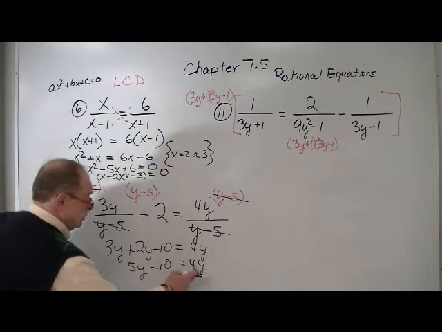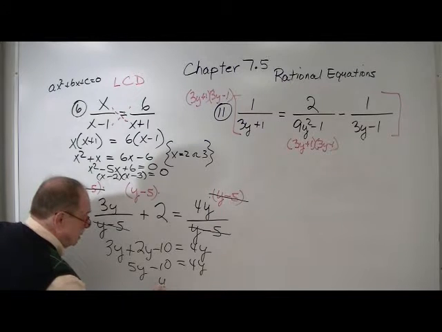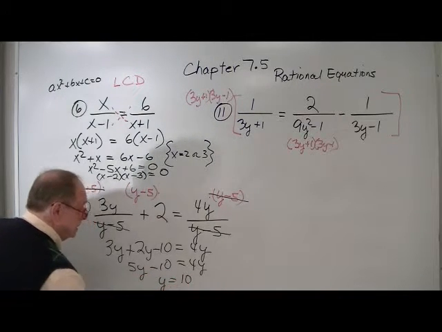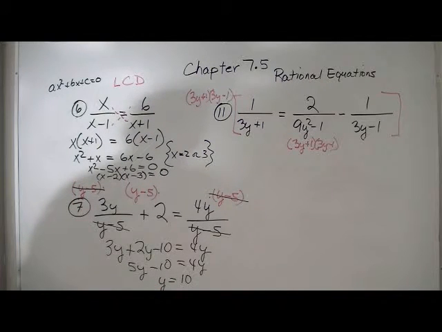And we're going to transpose, subtract 4y from both sides. We get y. Add 10 to both sides, 10. y equals 10. And once again, it's so easy to do once you get rid of the fractions. And that's, of course, what this lesson is all about.